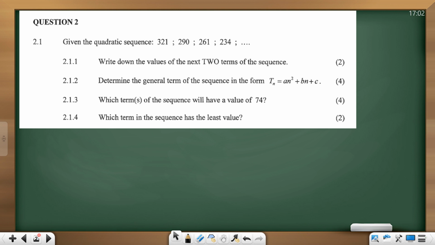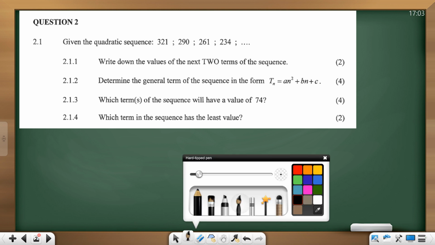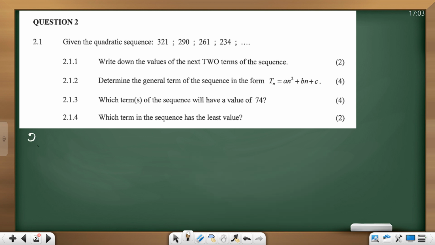I won't be doing all of those additions that you guys normally do. Since 2.1.1 is saying write down, this is what I do: I just leave it empty, right? Then I go to 2.1.2.